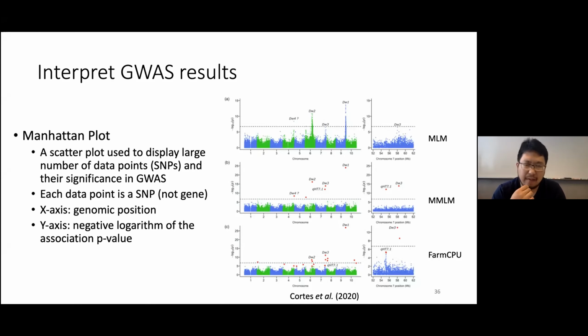Depending on which model you're using, the Manhattan plot can look a little bit different, but the information they're showing is essentially the same. I know you're probably more familiar with the kind of Manhattan plot with peaks or towers, but that's not always the case. It really depends on the method you're using.